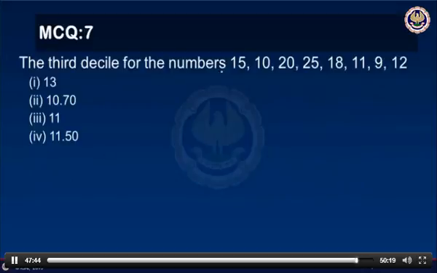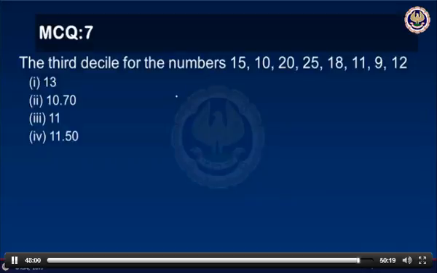The third decile for the numbers 15, 10, 20, 25, 18, 11, 9, 12. We have to find the third decile for this question.